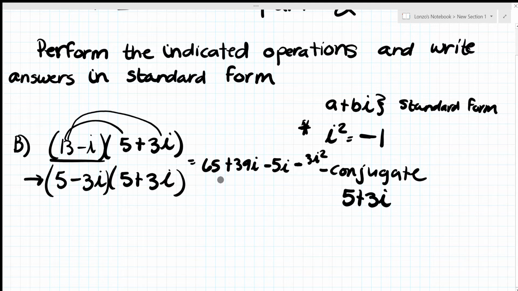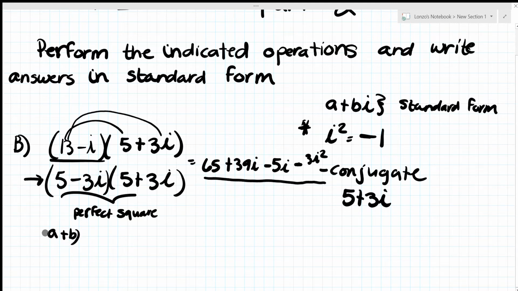Right? Now let's do the denominator. This is a perfect square rule case, or if you don't know that rule, you could just simply FOIL it out. The rule is a plus b times a minus b becomes a squared minus b squared.